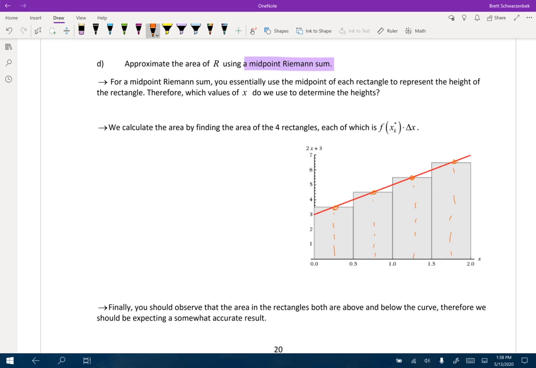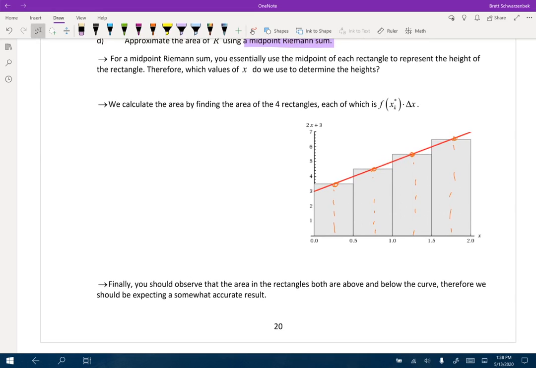Well, you could do the math. This value here is going to be 0 plus 0.5 over 2, but most of you mentally are just going to say, oh, that's a quarter. Just like mentally, you're going to be like, oh, this is 0.75, this is 1.25, this is going to be 1.75.